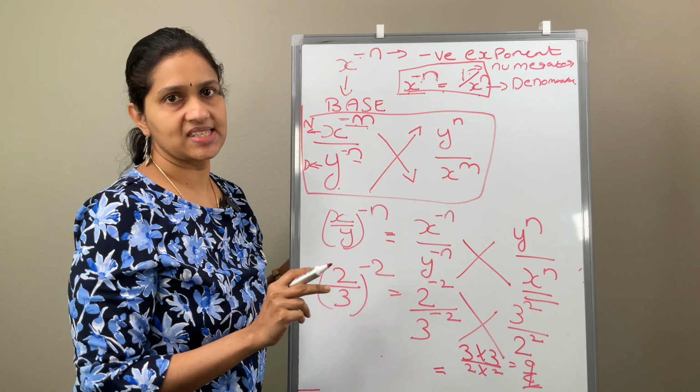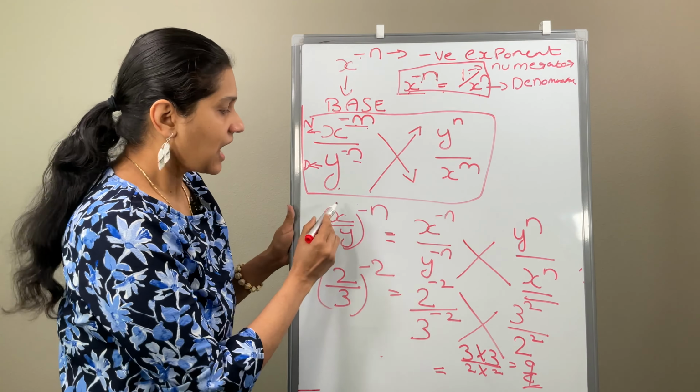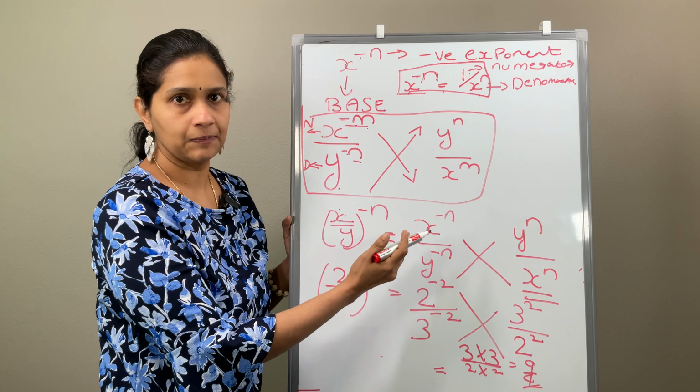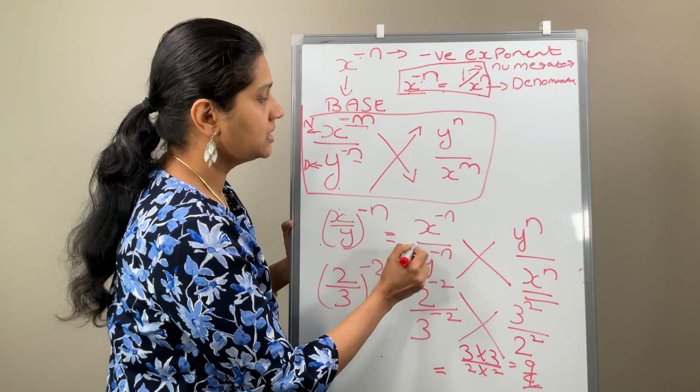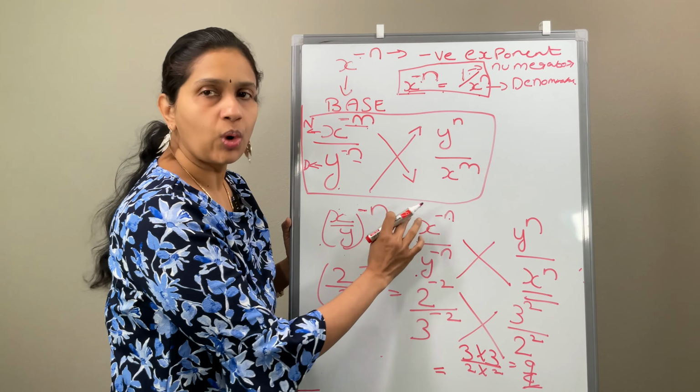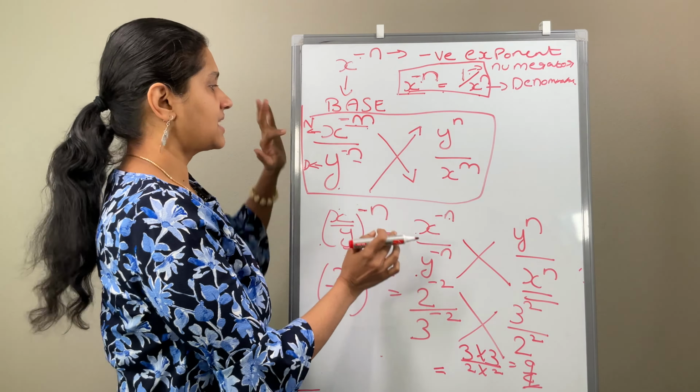That is the second concept. Third concept is x by y to the power of a negative exponent minus n. Then you have to split this as x to the power minus n by y to the power minus n. Once it is split, it is same as this, right? And then you will just interchange the numerator and the denominator. So these are the 3 concepts in the negative exponents.